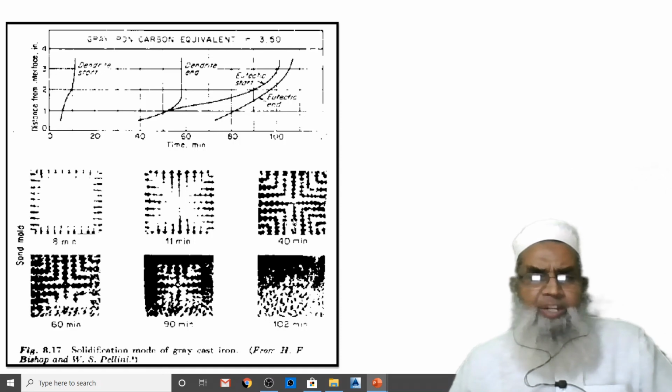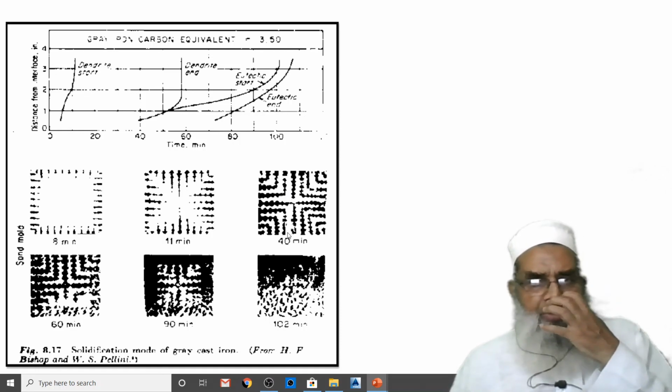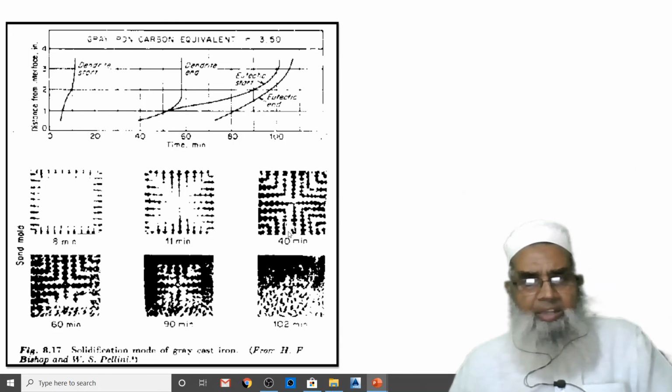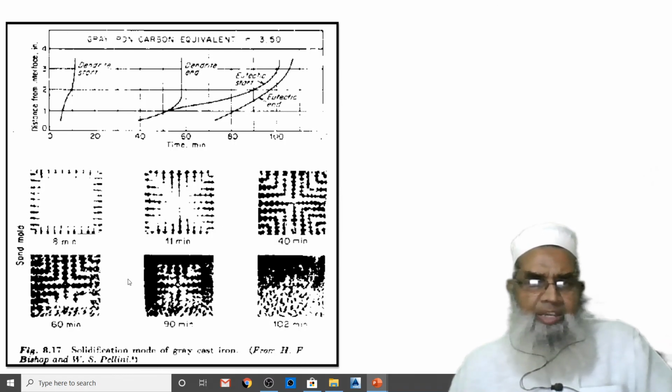Similarly, after 40 minutes, you can see there is liquid over here, liquid at the faces. Even then, the formation of particles is taking place in the core of the cavity, and after 60 minutes, as they have reached the center, they start growing again, and finally complete solidification takes place after 102 minutes.